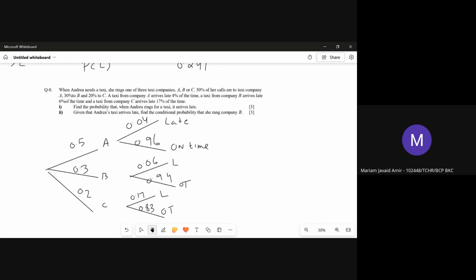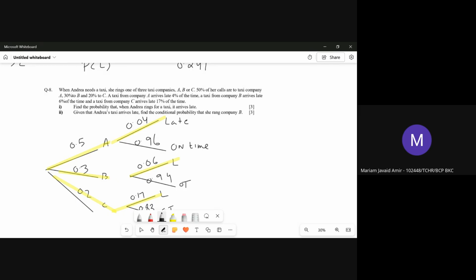Given, find the probability that when Andrea rings for a taxi, it arrives late. So if it arrives late, she might have called A and it arrived late, or B and it arrived late, or C and it arrived late. So we're going to find all these products and then add them.